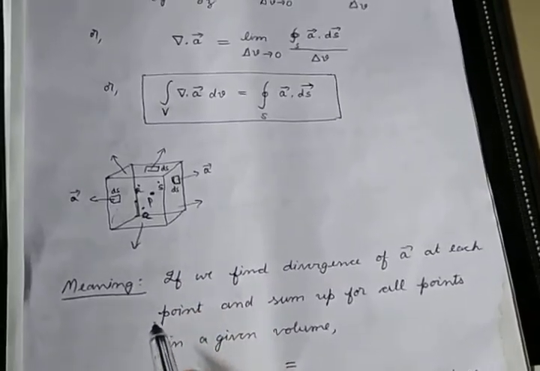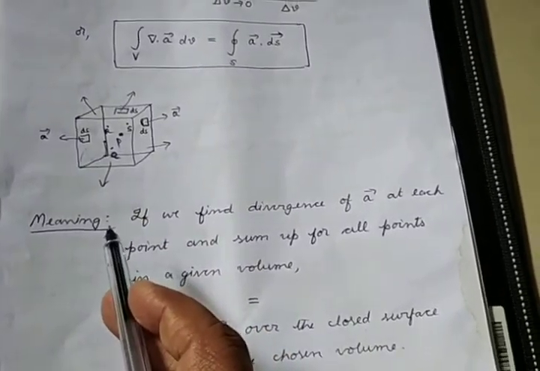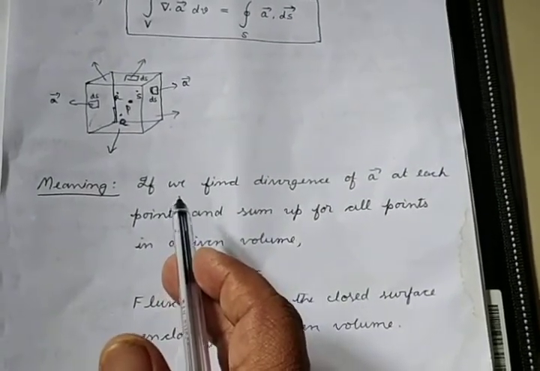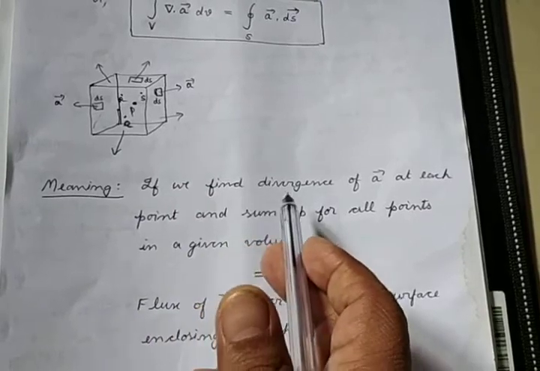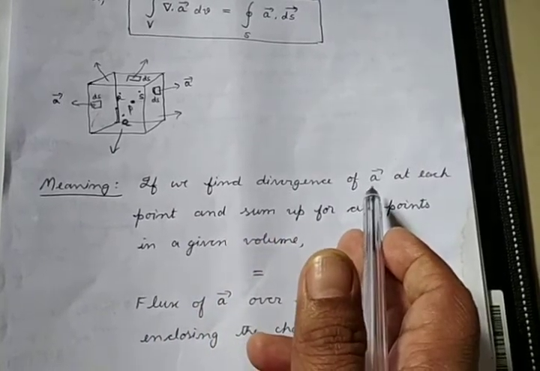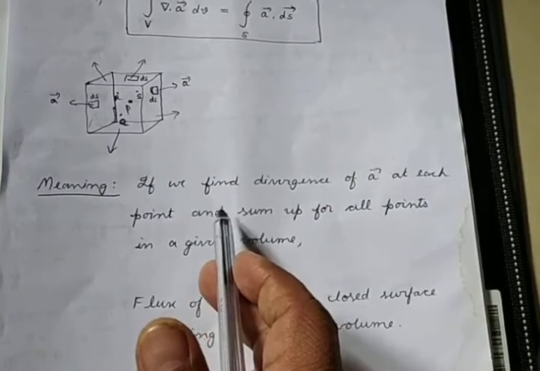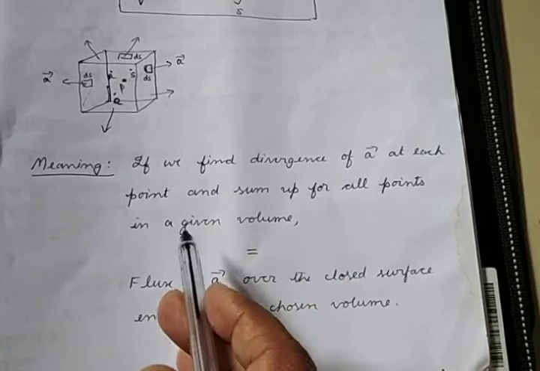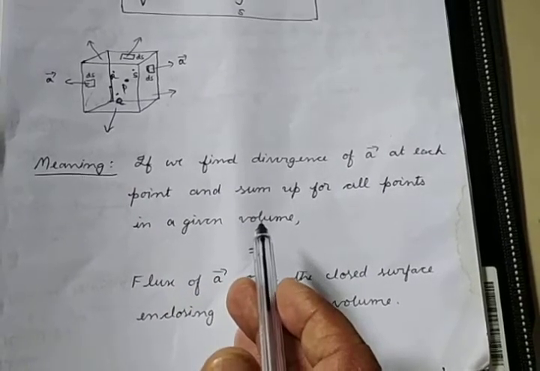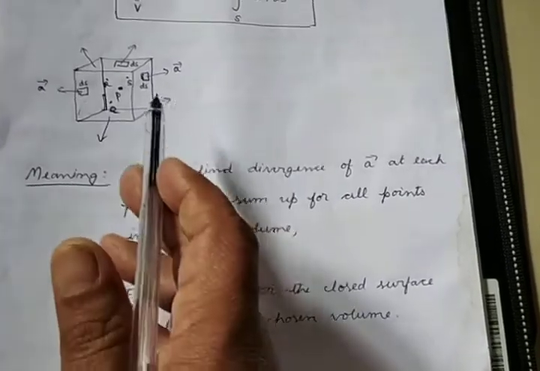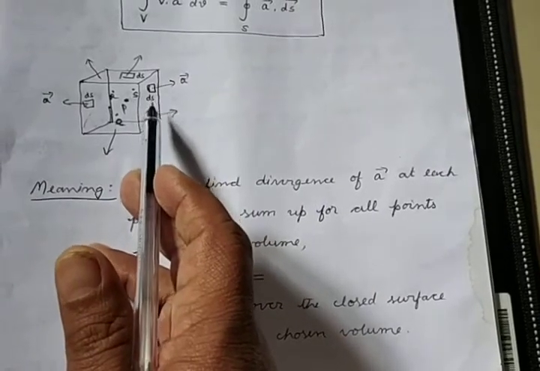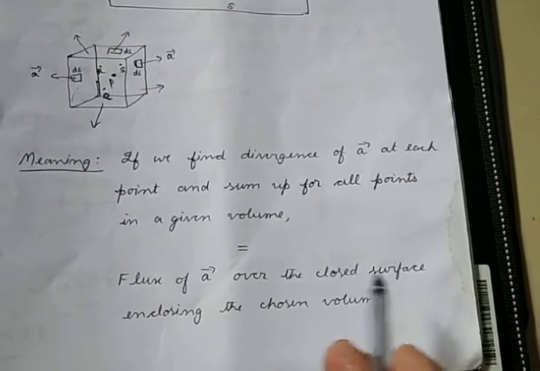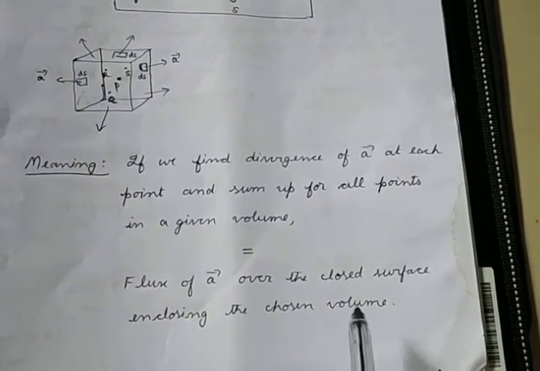So what is the meaning of this? What is exactly the work done by the Gauss Divergence Theorem? Let us summarize. Here we are finding the divergence of the vector field A bar at each and every point over the given volume and summing up for all the points in the given volume. On the other hand, we are finding the outward flux over the area element, so the flux of A bar over the closed surface enclosing the chosen volume.